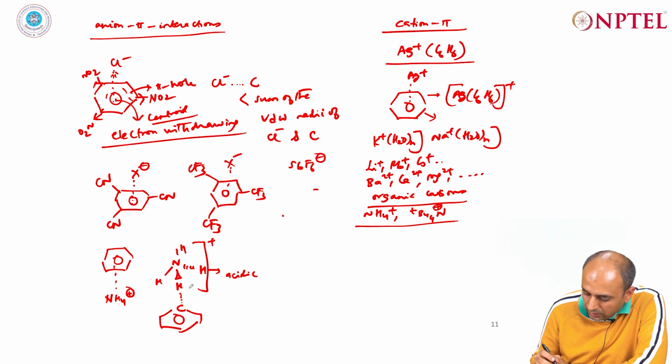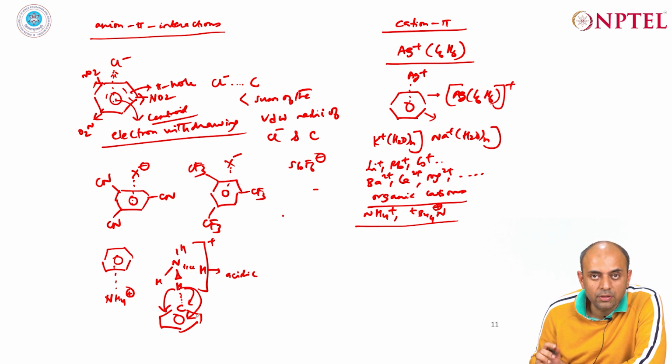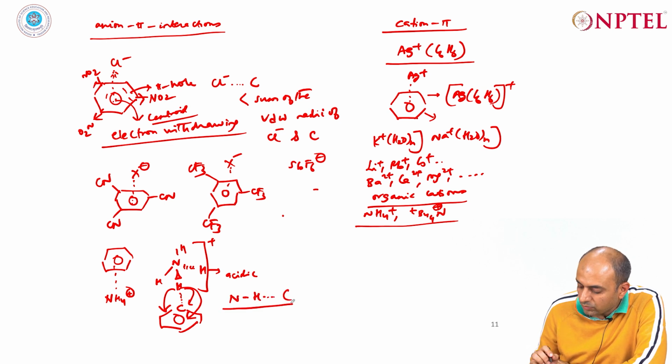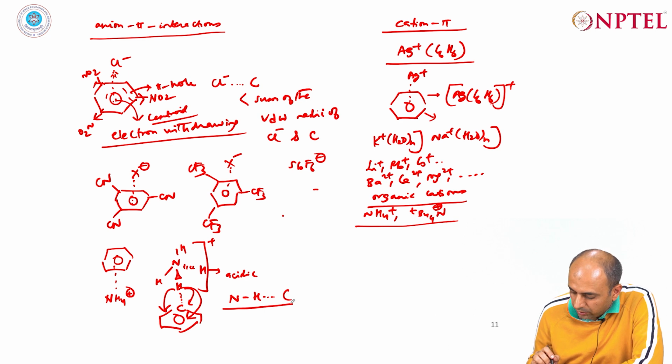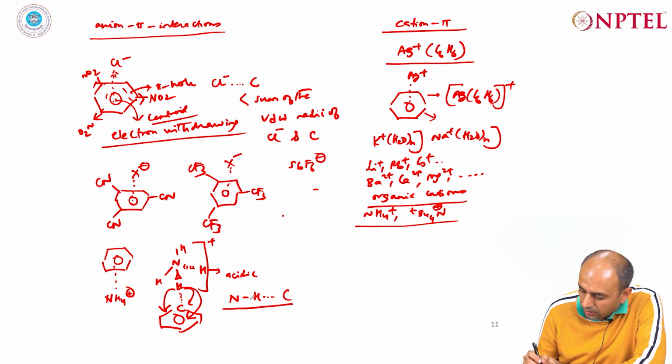So, the hydrogen here can interact with a carbon atom, it can interact with the edge, and it can interact with the centroid of the benzene nucleus. So, all these three possibilities exist. So, we have got essentially cation induced dipole interactions, but essentially they are hydrogen bonds involving an activated donor.